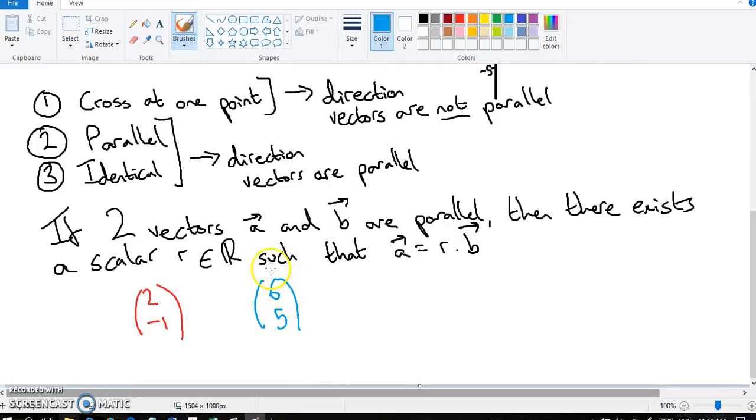And we need to see if there's a scalar such that we multiply one of the vectors by the scalar to get the other vector. So if we compare the top lines, let's multiply this one then by the r because that one's the smaller one. And I'll put a question mark there because we're not sure it's equal. If we multiply that left-hand side out, of course multiplying a vector by a scalar means that you multiply the scalar by both components.